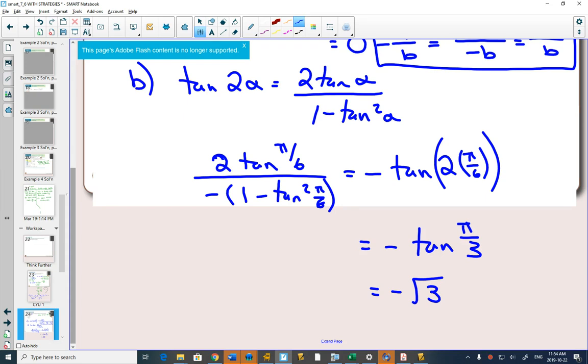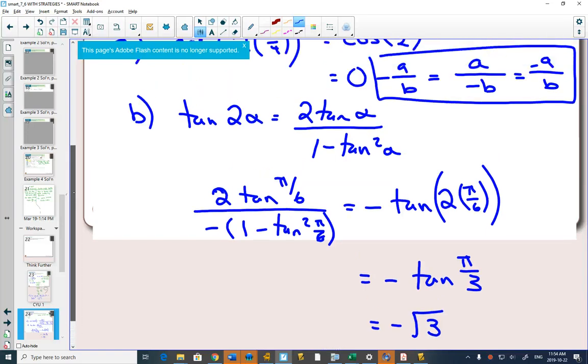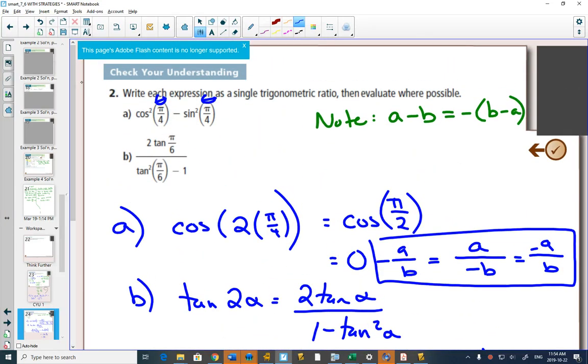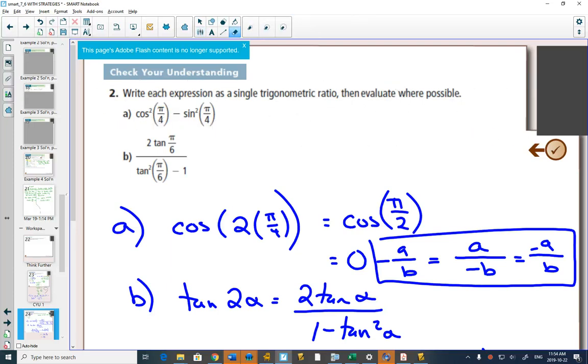Now what I don't like about examples A and B as far as evaluating is in both examples A and B, and I'm just going to slide up here to the beginning, they use values that are already on your pi plate. You notice how we got 0 for A by using the formula? Well, pi over 4 is on your pi plate. What is cos of pi over 4? Root 2 over 2. You could have evaluated this right away.